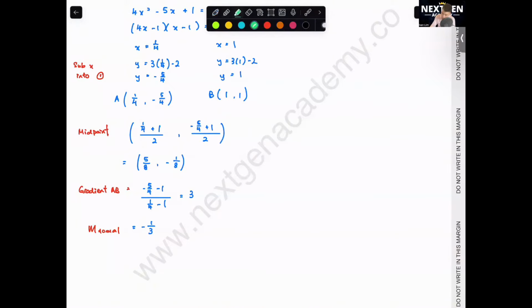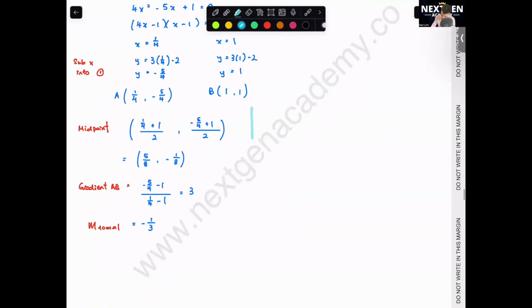Okay, then the next one, we are going to put into the equation of the perpendicular bisector. We'll use y minus y1 equals m bracket x minus x1. Which point are we going to use? This and this.